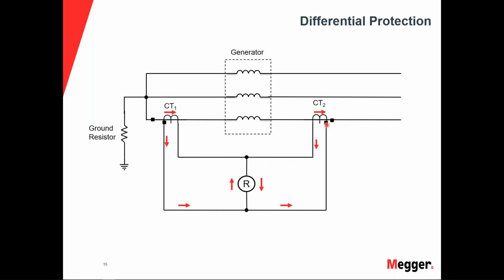As the current comes to the unit and comes back, we're flowing through the CT here, and you'll see the same amount of current coming across the relay as well. Now these two currents coming into this CT are going to equal 0. It's going to be I1 minus I2 will be 0 across this relay, so therefore everything will look proper, everything will function properly, and everything is good.